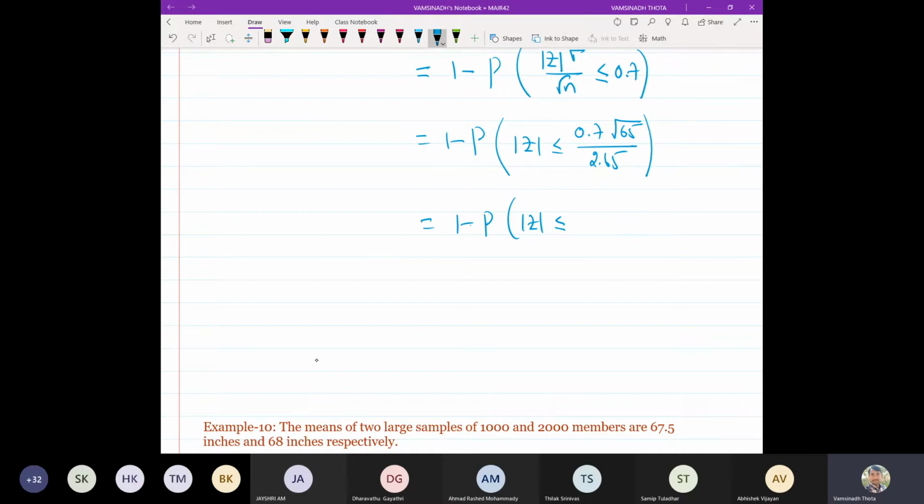Now please evaluate this value. The value is 0.7 times the square root of 65 divided by 2.65, so that is 2.13.